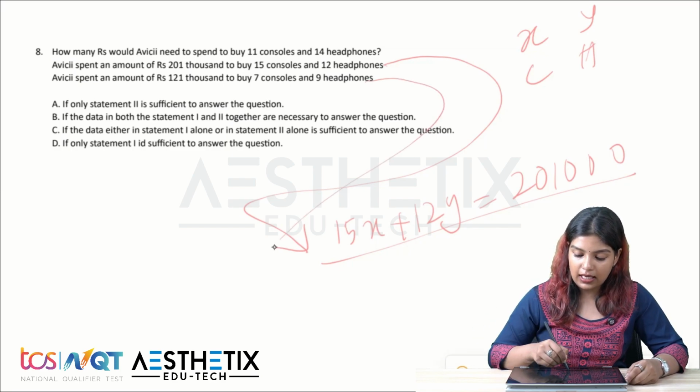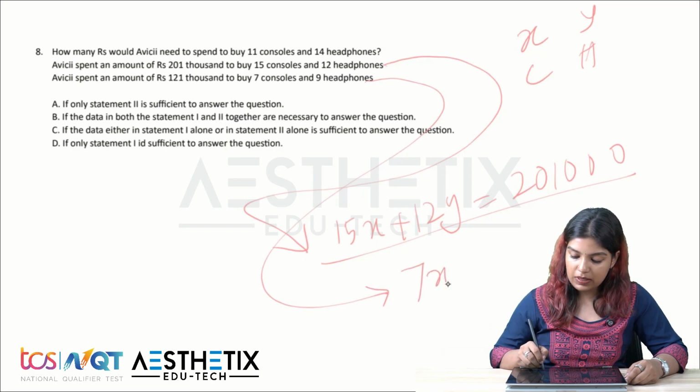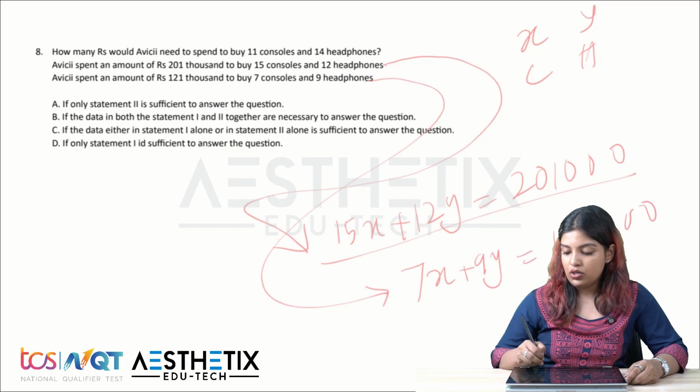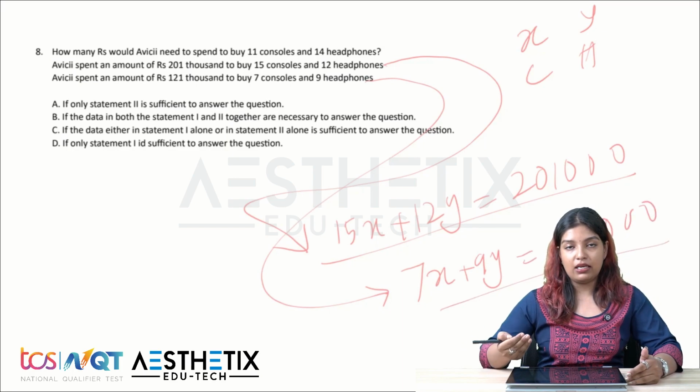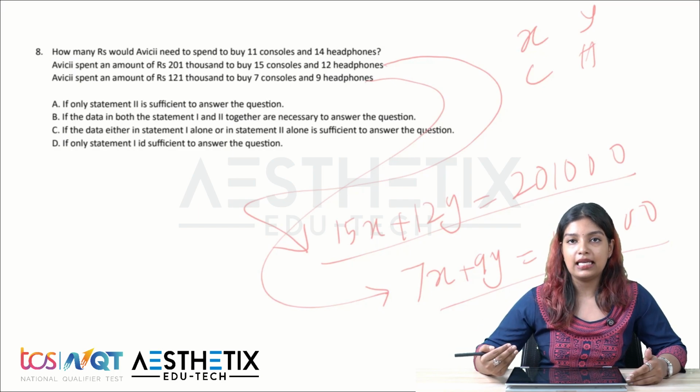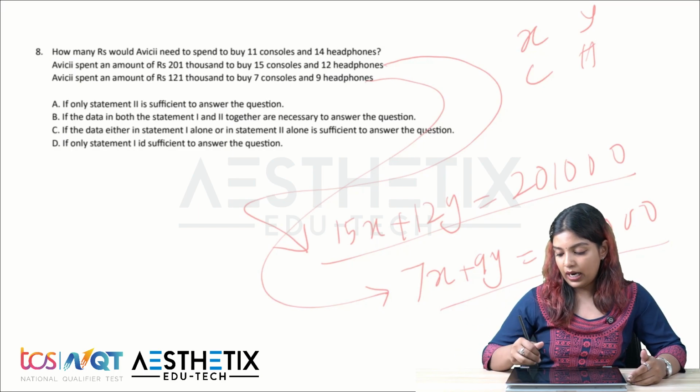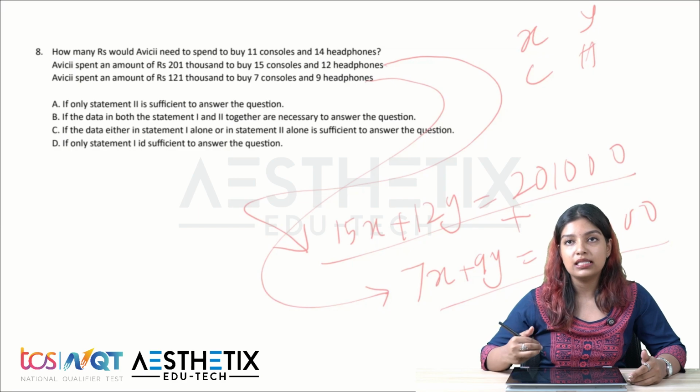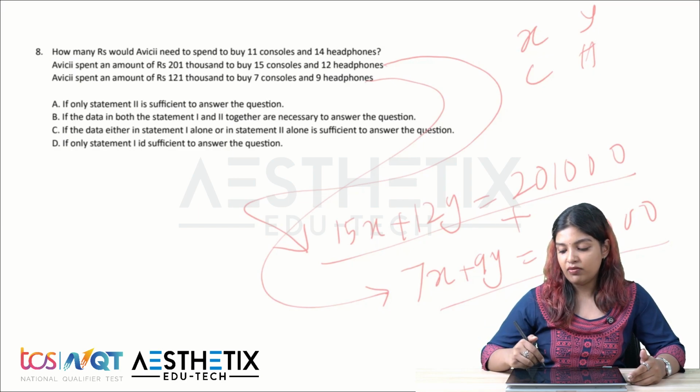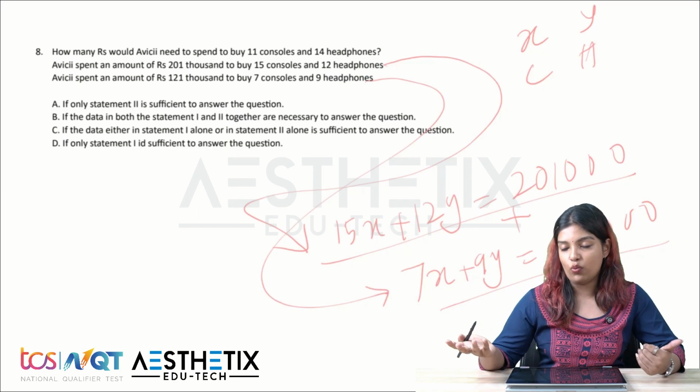So if we are checking the second statement, we can form an equation like 7x plus 9y is equal to 121,000. So here also there are 2 variables involved. We cannot find a direct answer using these 2. But if you're combining both the statements together, then we can simply cancel out either one of the variables and we can obtain the value for X or Y, whatever it is.